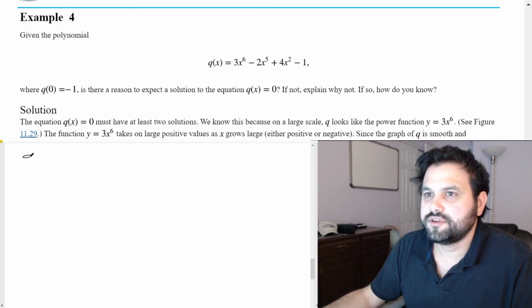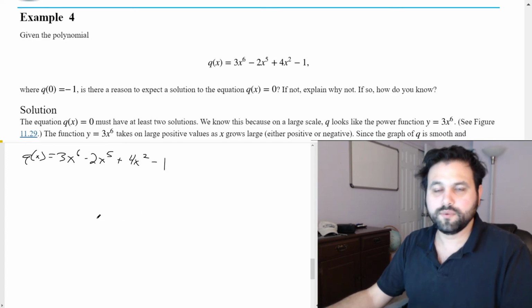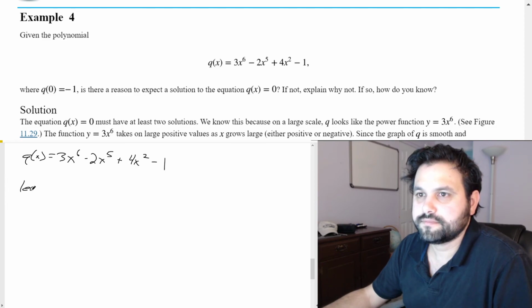We have q of x equals 3x to the 6 minus 2x to the 5 plus 4x squared minus 1. And we want to know the end behavior of this. Well, what's the leading term? The leading term is 3x to the 6.